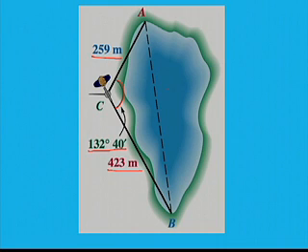We wish to find side C, which means that's the variable that will be isolated on the left-hand side of the equation. So let me go to the board, and I'll quickly redraw this and then use the law of cosines to find the distance across the lake.